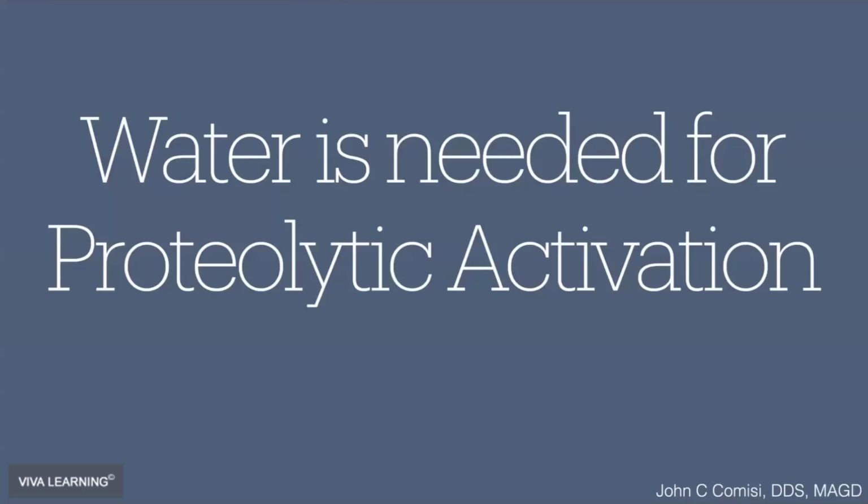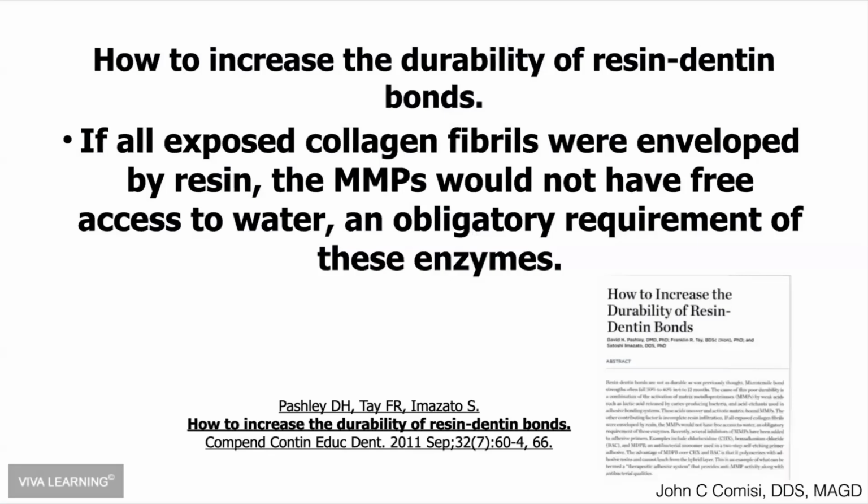So water is needed for this proteolytic activation to occur. And again, as I've been saying, there's always going to be moisture present. And Tay and Pashley many years ago told us the way to increase the durability of resin bonds is to get all of the collagen fibrils completely enveloped within the resin. And that would prevent it from having access to the water that is necessary for the enzyme activity to occur.